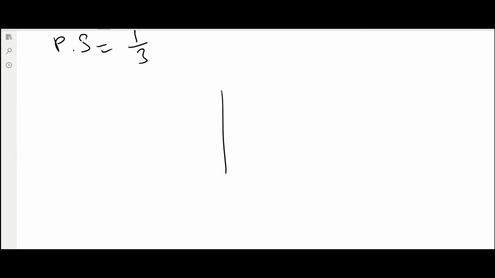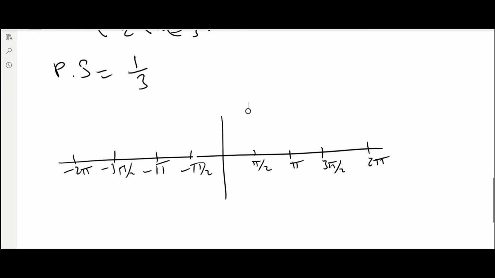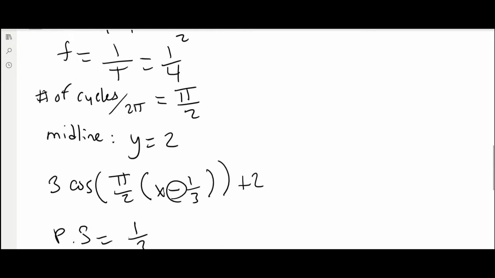We can do this a little bit better. Okay, so we normally start out with our pi over 2, pi, 3 pi over 2, 2 pi, negative pi over 2, negative pi, negative 3 pi over 2, and negative 2 pi. Okay, so now we know that our midline is 2, so we're going to start there.